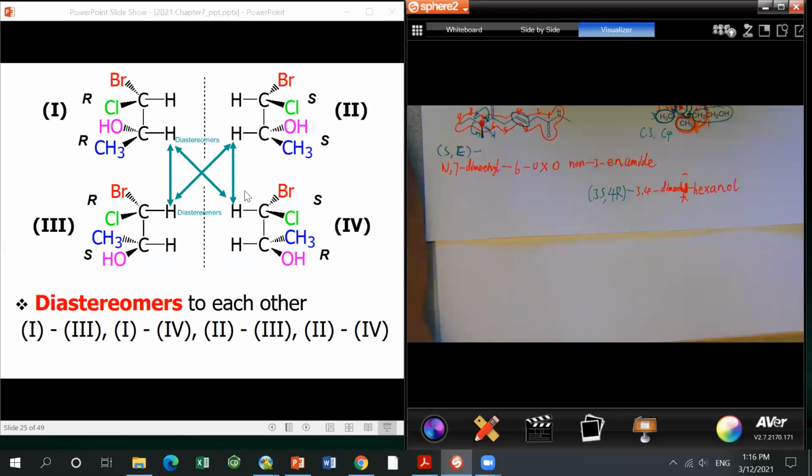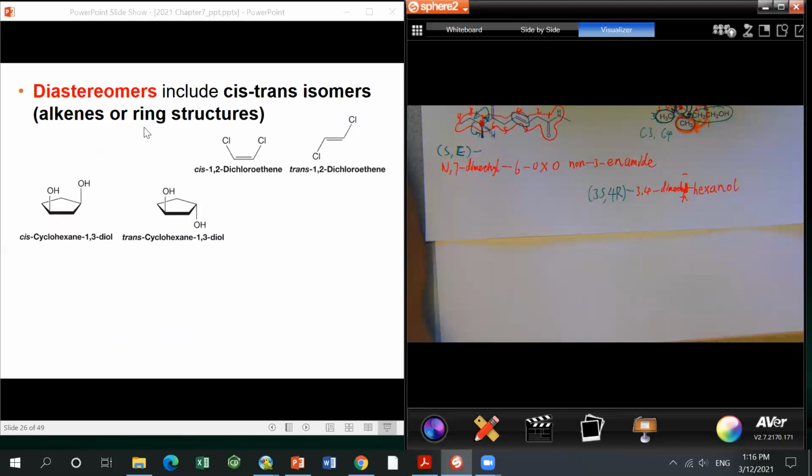From here you can see clearly that one way to identify whether two molecules are diastereomers or not is to look at the chiral center assignment. Some chiral centers have the same assignment, some have the opposite assignment.